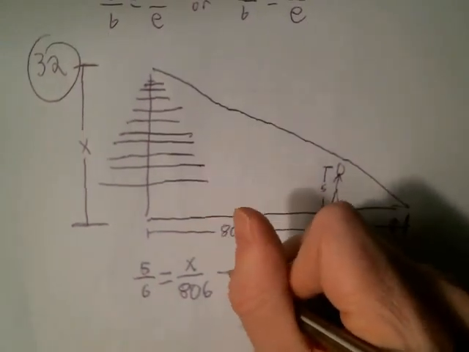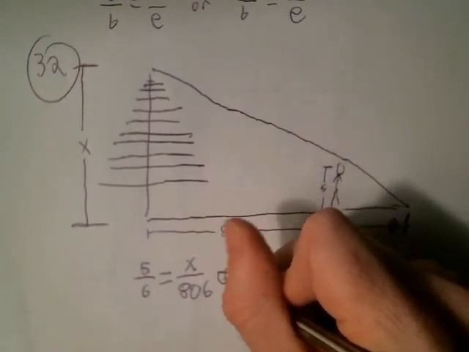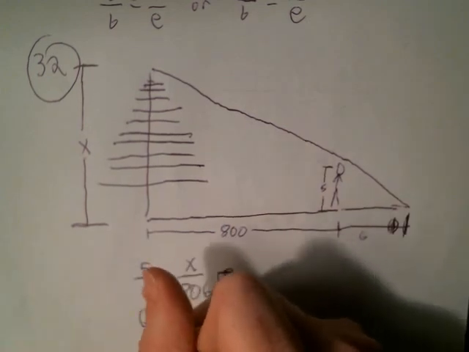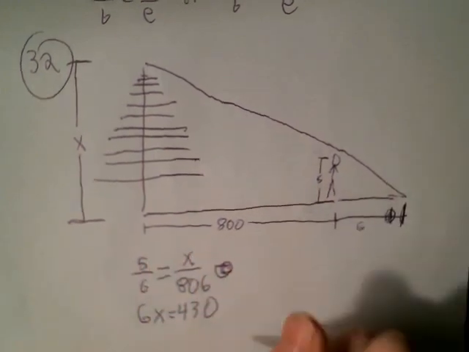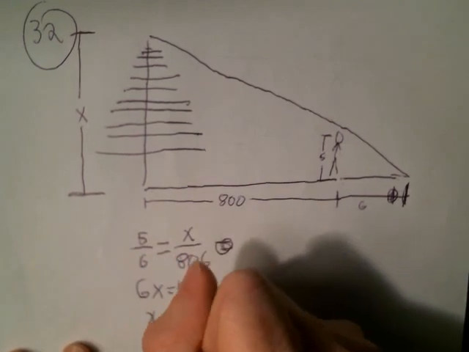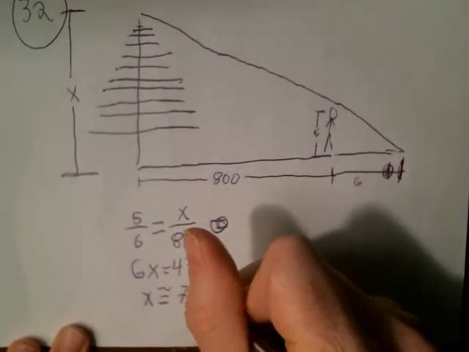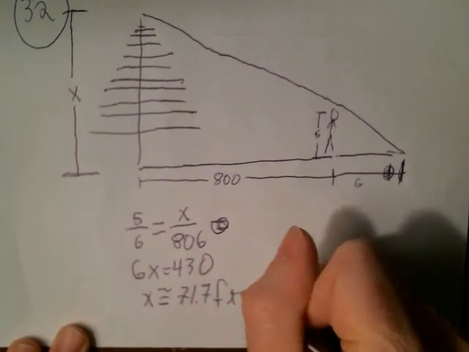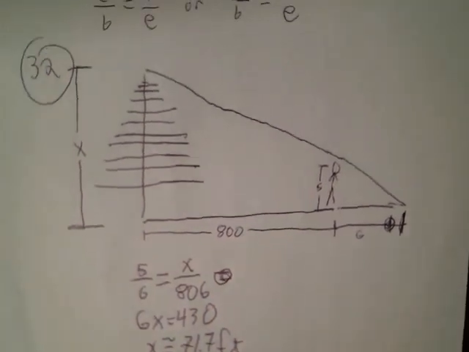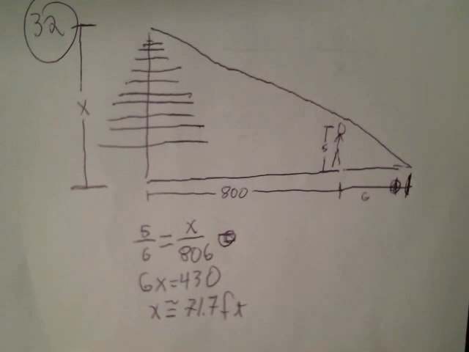And then we can cross multiply and get our answer. So I have 6x is 430, and then x is approximately 71.7 feet. So the tree is 71 feet tall. I think we'll leave it there, and I'll see you next time, okay?